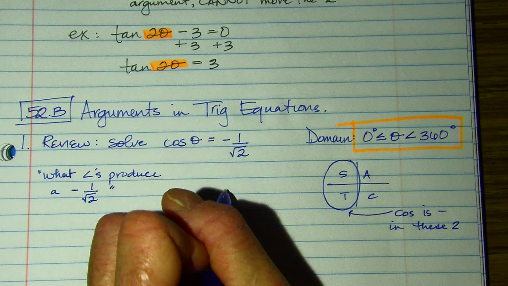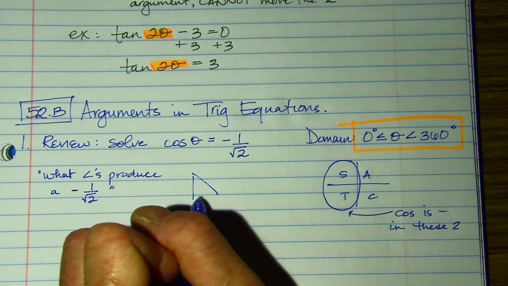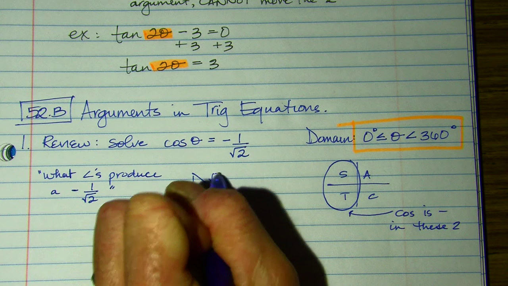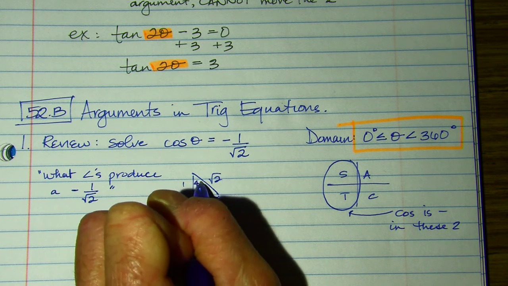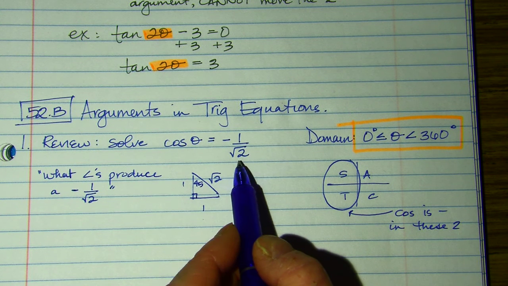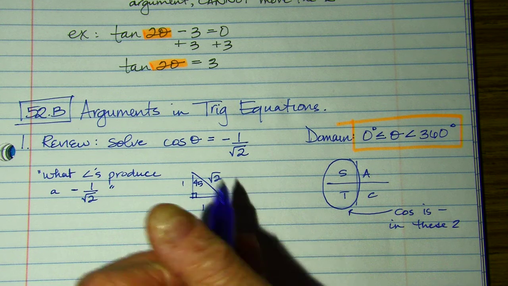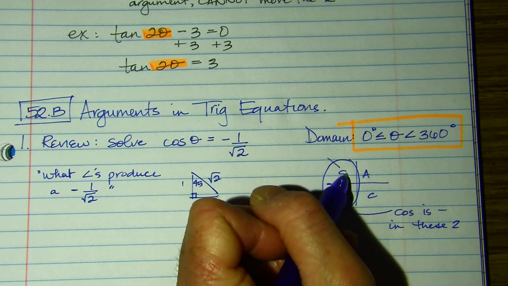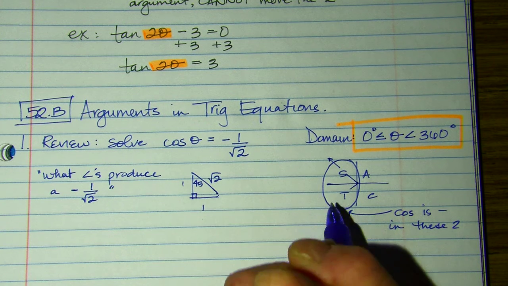So first I'm going to use my reference triangle, right? This is my 45, 45, 90. Because there's a root 2, I know I'm talking about 45. So in this quadrant it would be here, and in this quadrant it would be here.